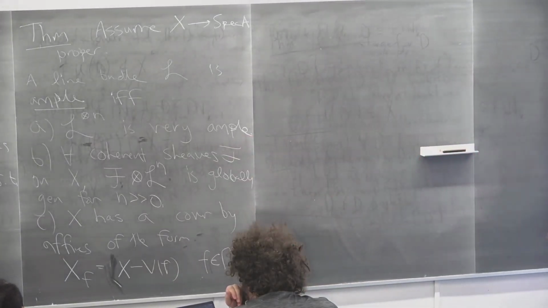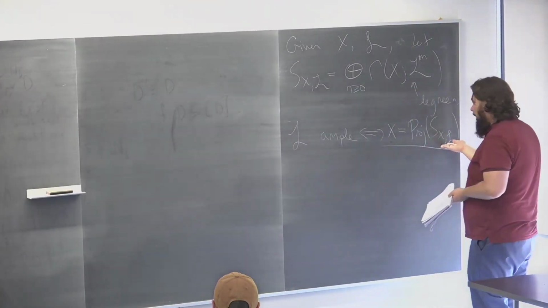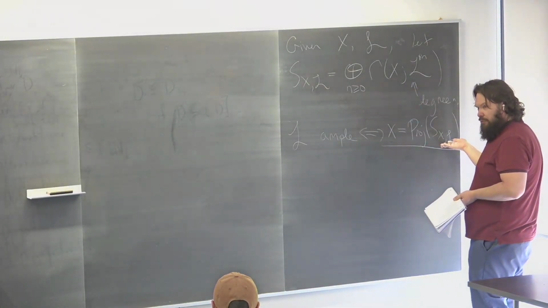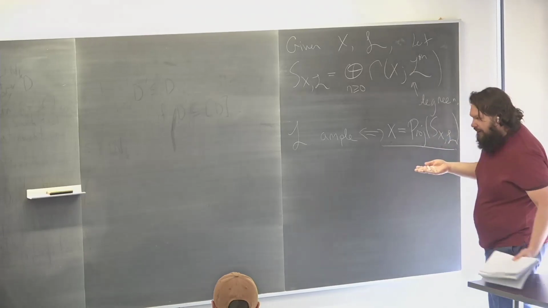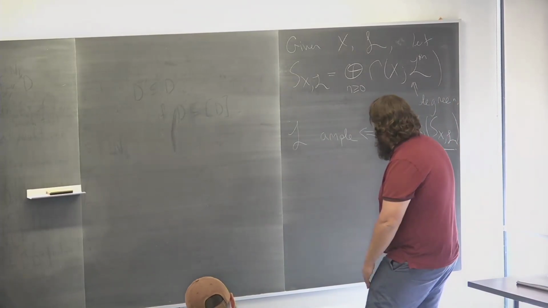Another answer to that question is, once you've gotten this far, there's a natural generalization of this, right? We know that coherent sheaves on X come from graded modules over proj. So how do I naturally define a graded module that I hope is going to give me F?